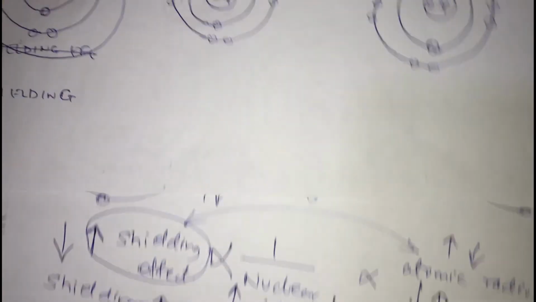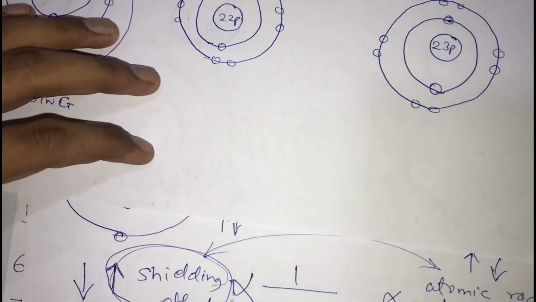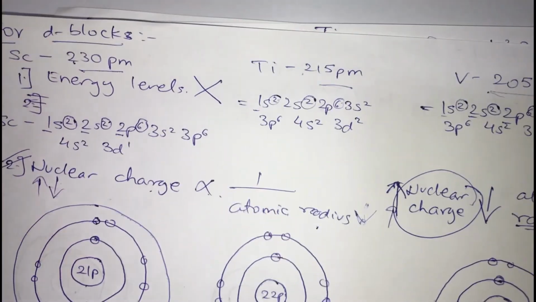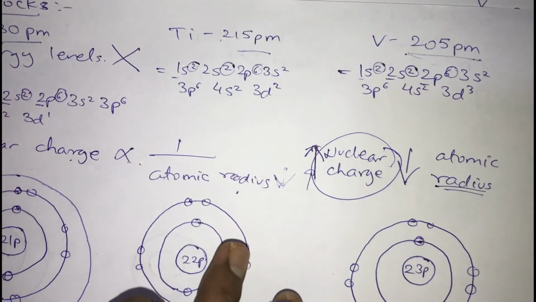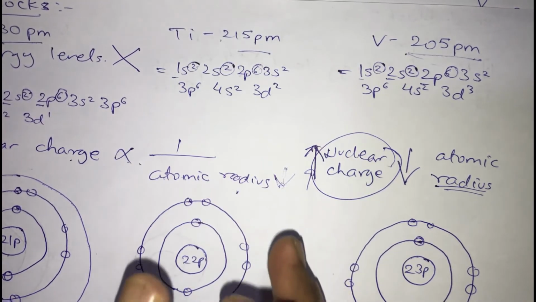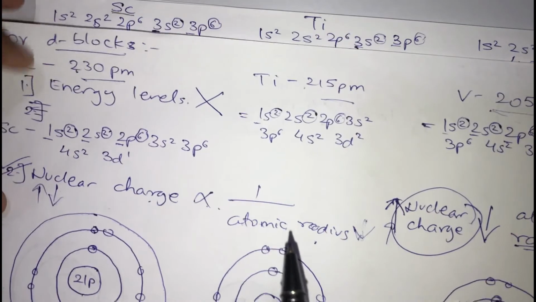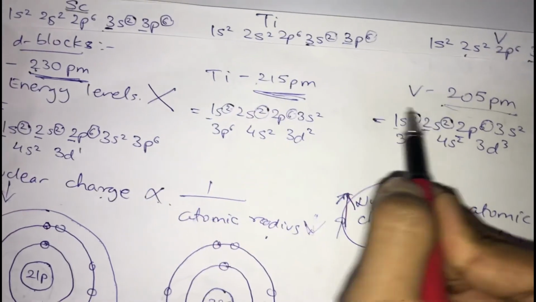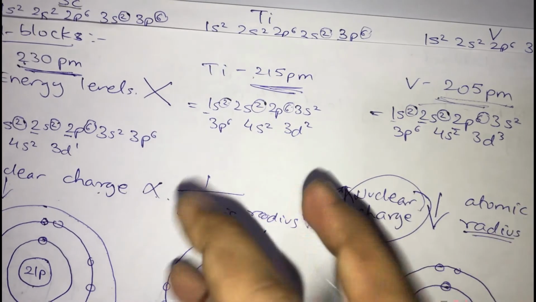Why? Because this shielding effect is not allowing the nuclear charge to pull the electrons with greater force. Therefore, that is the reason that the size is not decreasing drastically. Instead, it is decreasing by a very small amount.